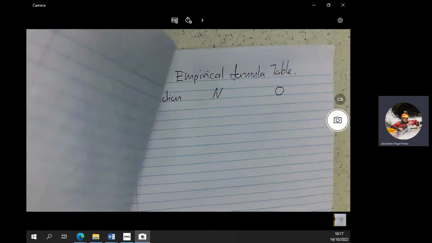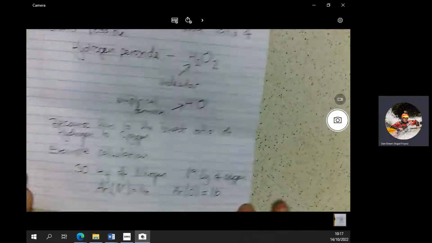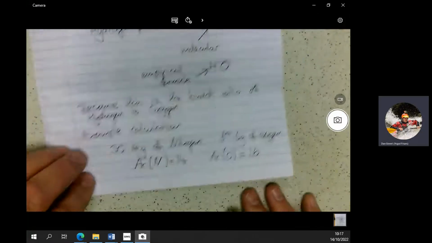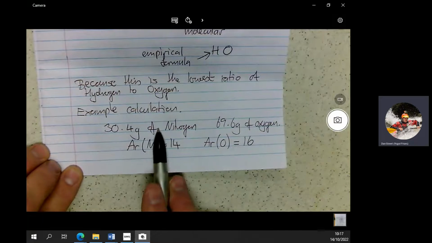Sorry, I was a bit quick there. Do you want to make a copy of that information there at the bottom? Okay, so that's the information that we're basing on. That's the base of the question. We need to work out the empirical formula of this compound using this information.